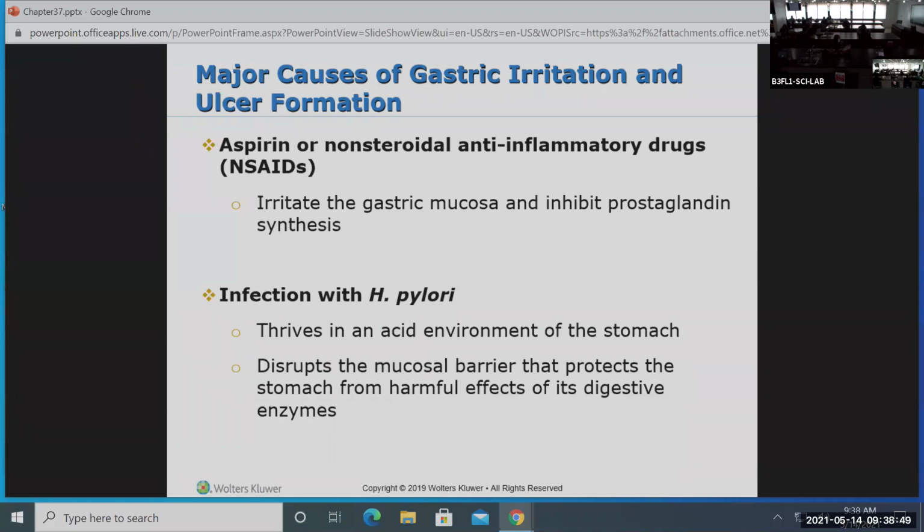Prostaglandin synthesis. It irritates my gastric mucosa. Also, on the other hand, it inhibits prostaglandin synthesis. That's why we do take aspirin, regular aspirin, which is 325 milligram. Regular strength is 325. We do take aspirin for pain, and the cause of pain is due to prostaglandin secretion.